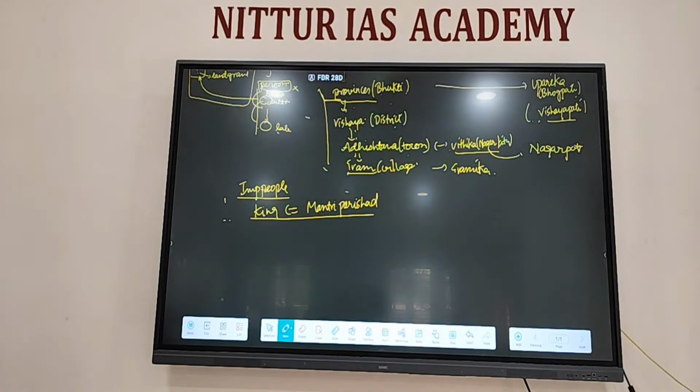Now, lots of officers, like we discussed in case of Mauryans, you find a lot of officers are also mentioned in the Gupta period.